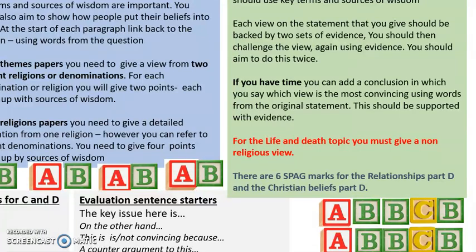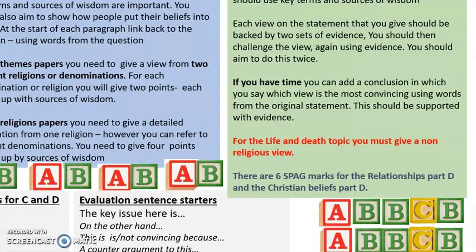It is worth spending a few minutes checking your spelling, to pick up as many of those 6 SPaG marks as possible, because they could tip you into the next grade boundary. To repeat, in a part D, you give your answer, back it up twice, challenge it, and back up your challenge if you can.